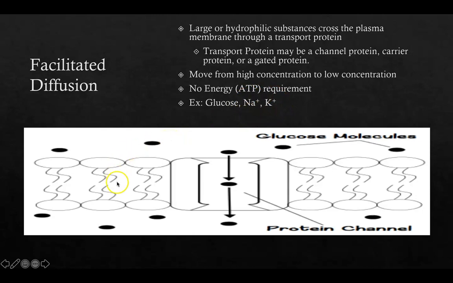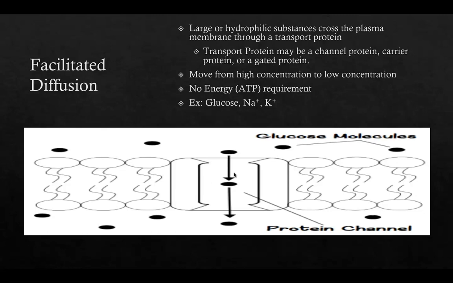They would not be able to be dissolved across the membrane. So instead, they have to bypass the interior of the membrane and go through a transport protein. But because they're moving from an area of high concentration to an area of low concentration, they go with the natural flow and they do not require the use of ATP.